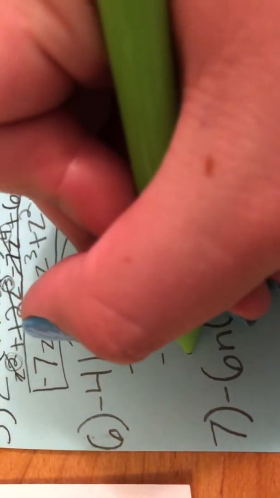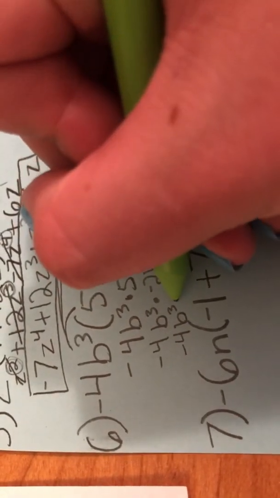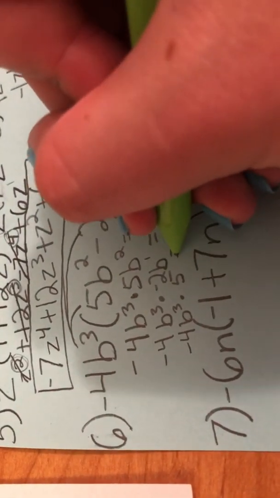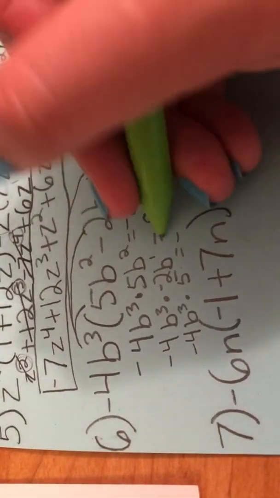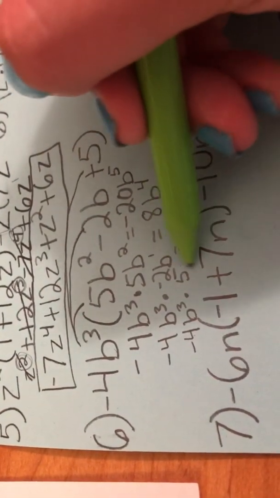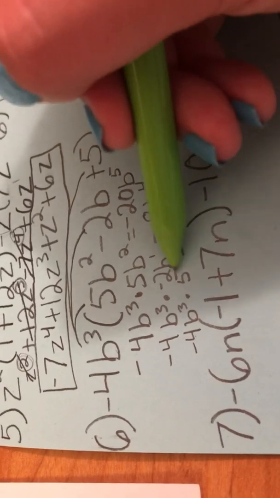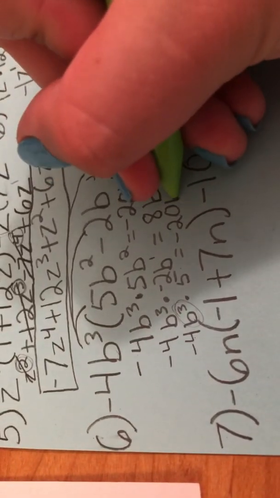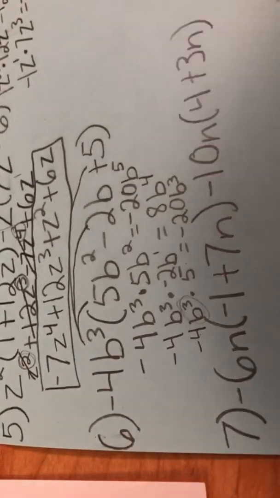And then last distribute, so negative 4b cubed times our positive 5. Negative times a positive is negative. 4 times 5 is 20. And there is no b attached or multiplied by that 5. So you're just keeping that b to the third as is because there's nothing to combine it with.